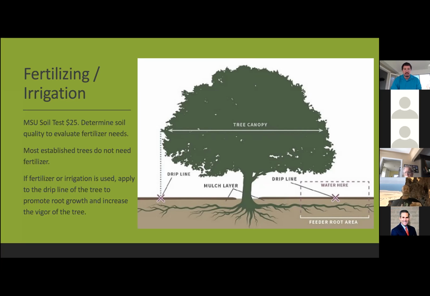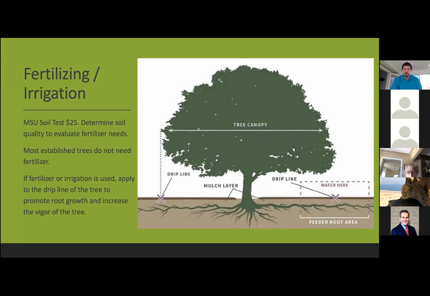But it's not usually that my tree has some weird nutrient deficiency thing. So generally speaking, fertilization is not really a problem. Irrigation is a much larger problem for trees.